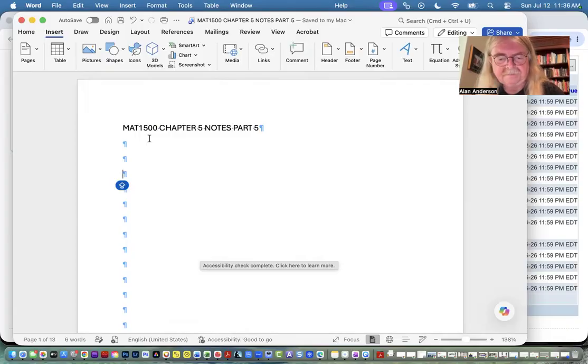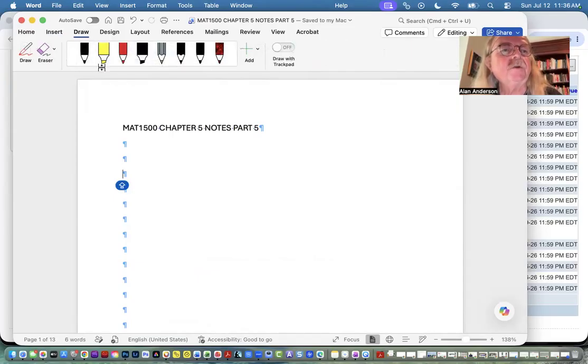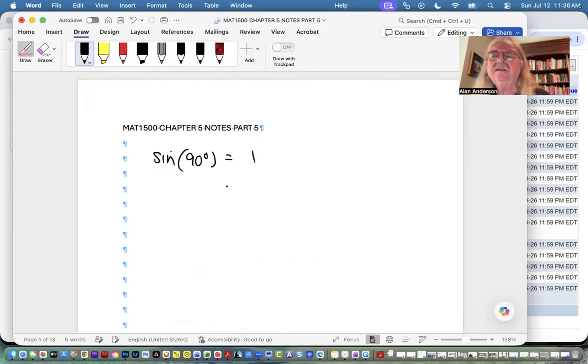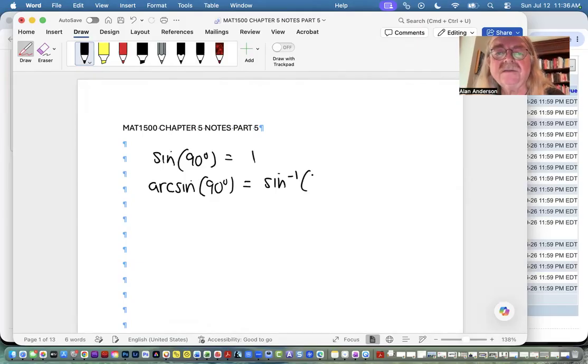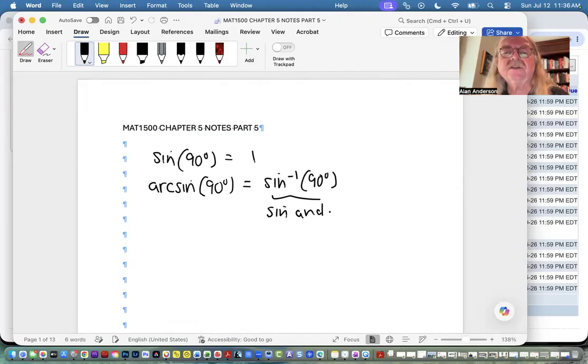Okay, so if I told you that the sine of 90 degrees is 1, then the function arc sine, which is sometimes written like this in some books, and on your calculator it's written like this, reinforces the idea that the sine and the arc sine are inverses of each other.